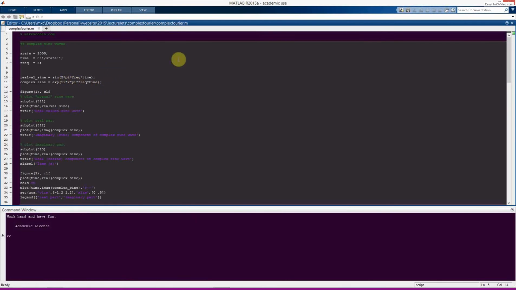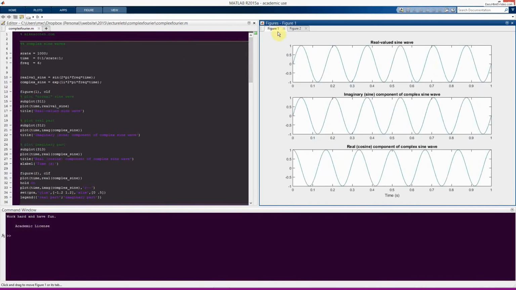Okay, so we can plot these. First, let's look at this. So this top panel shows the real valued sine wave. Now, because we have a complex sine wave and because complex numbers have two parts, we can plot the two parts of this complex sine wave separately.